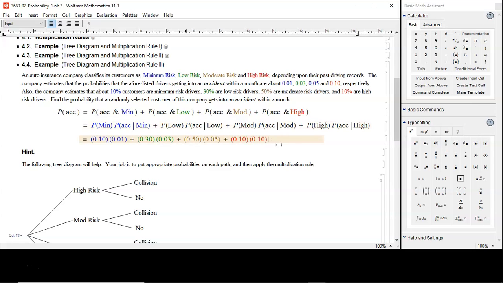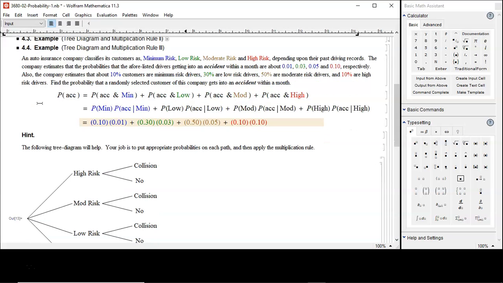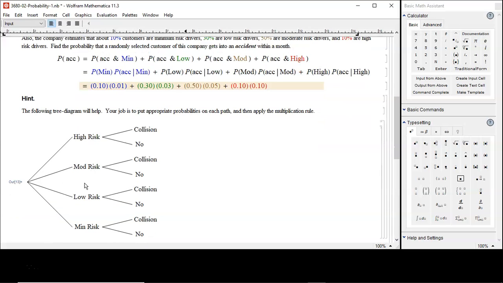But let's discuss the same thing using the tree diagram. So we have conditional probabilities and we have straight up probabilities, right? Straight up probabilities must be the first draw. And then the second draw will be conditional probability because something already happened in your first draw. I'm using the term draw to get a connection to the previous example of EARN model. So here, high risk, moderate risk, low risk, minimum risk, and then get appropriate numbers for these paths.